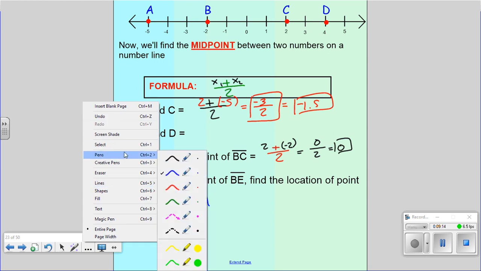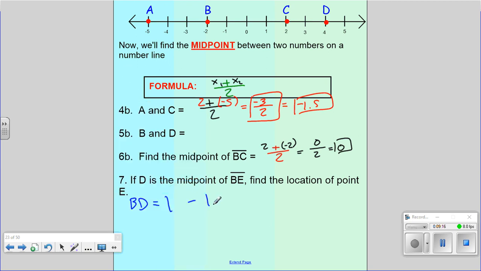Now use the rightmost one, which is D, comes first, that's 4, and B is at -2. So you would have the absolute value of 4 minus -2, which is the absolute value of 4 plus 2, or absolute value of 6, which means it is 6. So the distance between B and D is 6.